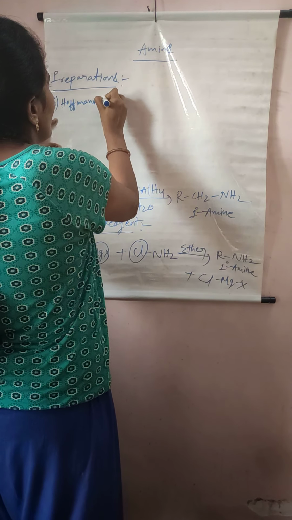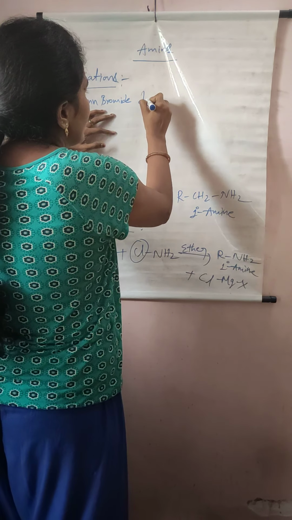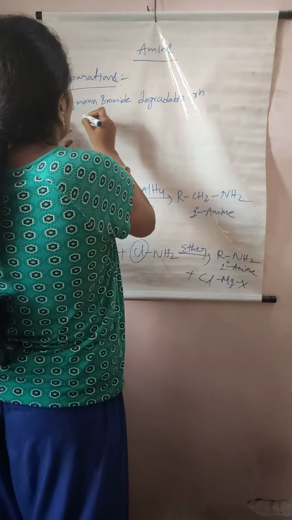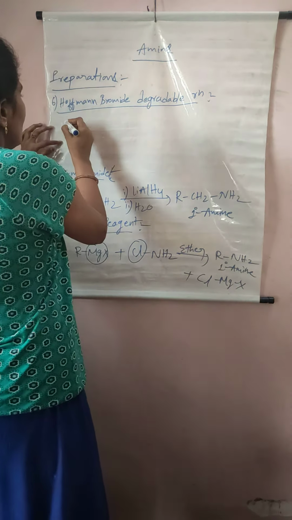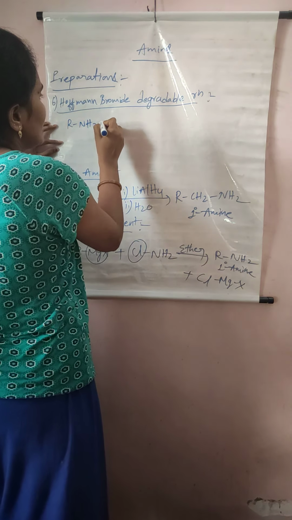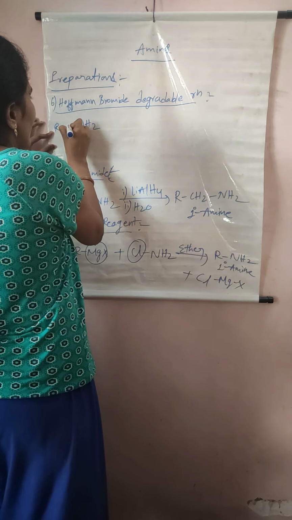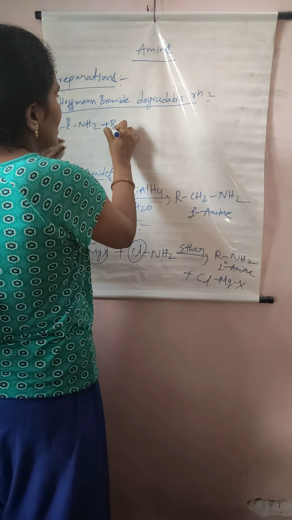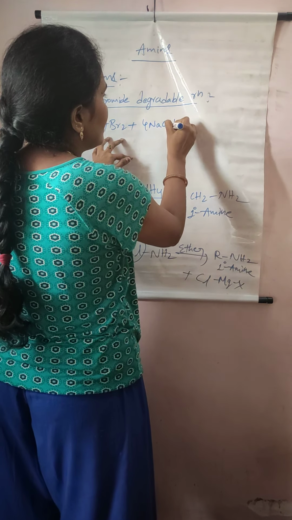What does the Hofmann bromamide reaction mean? You take an amide, and it is treated with bromine plus aqueous NaOH.